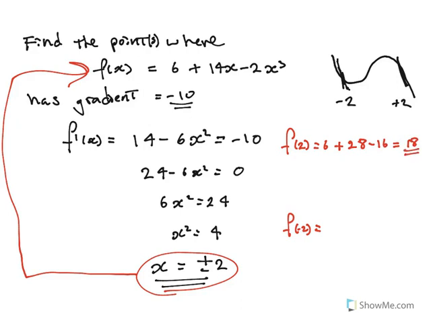So the point there is 2, 18. Down here I get 6 minus 28 plus 16, which gives negative 6. So the point there is negative 2, negative 6. So there are two places where that function has a gradient of negative 10: 2, 18, and negative 2, negative 6.